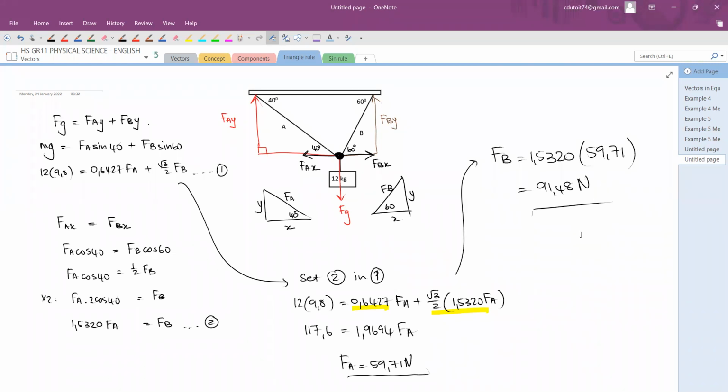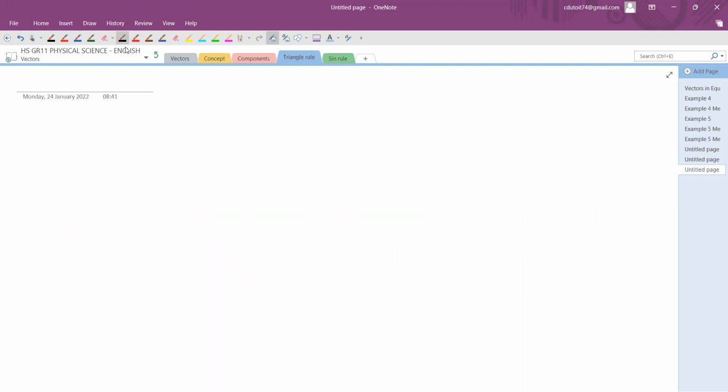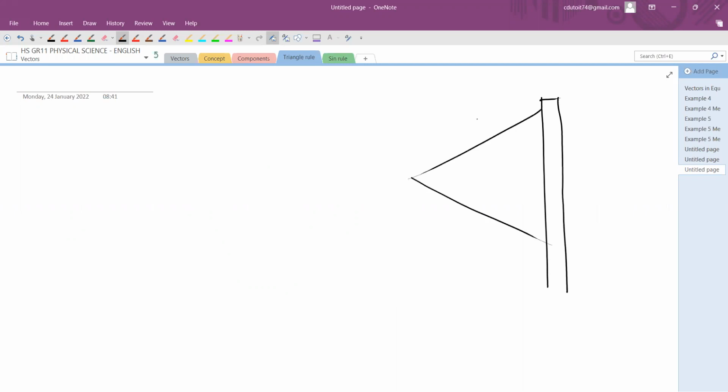Okay. So what we're going to do now, I'm just going to show you another example. Take a screenshot of this. I'm just going to try and flip it around. There's a wall there. Got two ropes here.